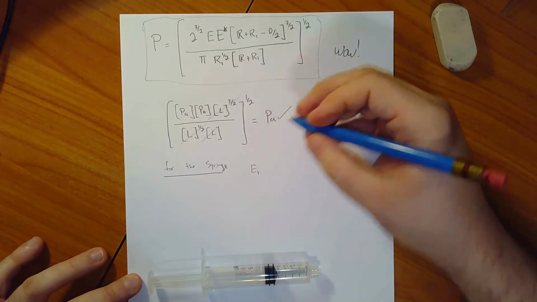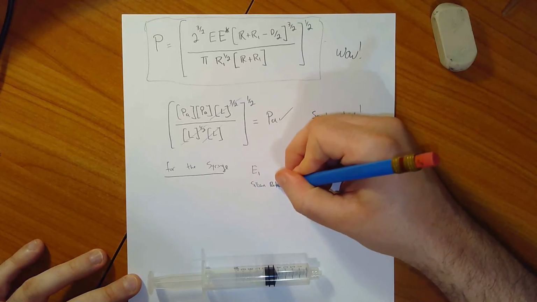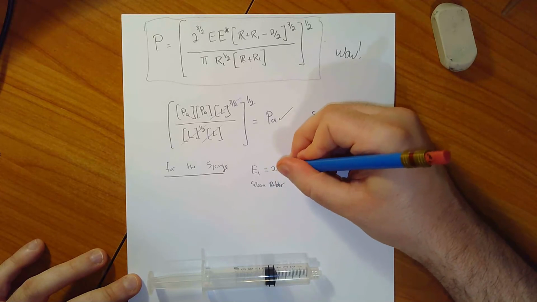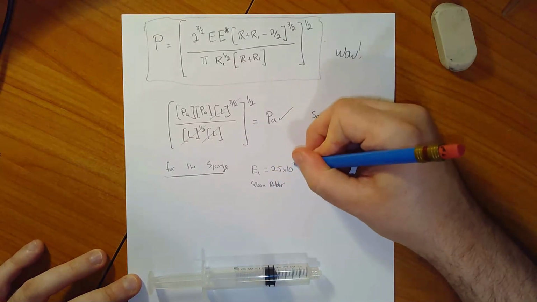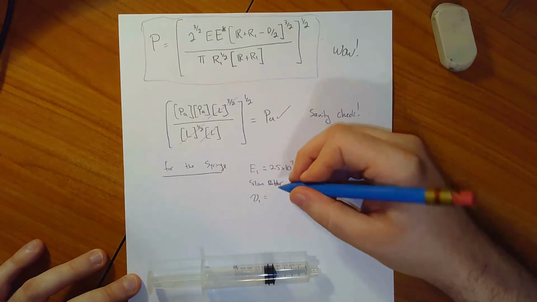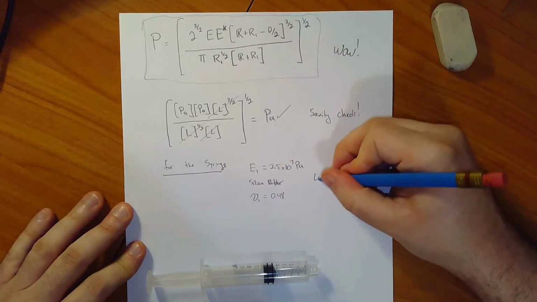So E1, which is for silicone rubber, is 2.5 times 10 to the 7th pascals, and Poisson's ratio for silicone rubber is 0.48, and those I looked up.